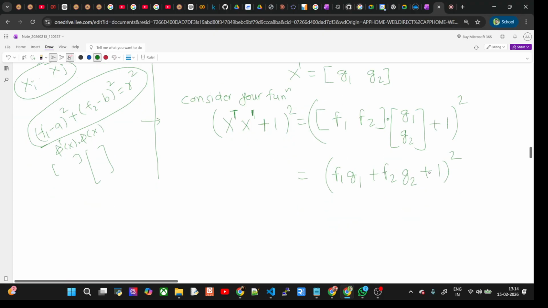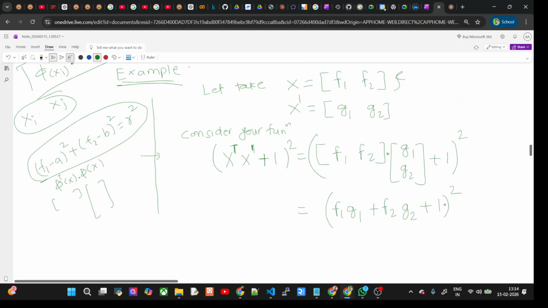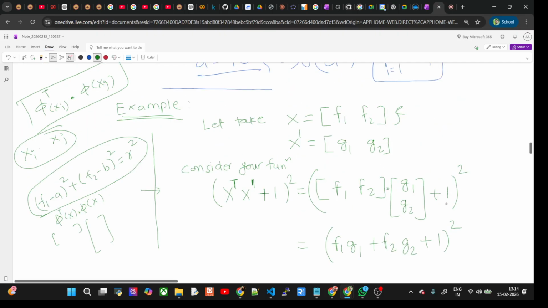Now our main aim is to calculate phi of xi transpose into phi of xj.